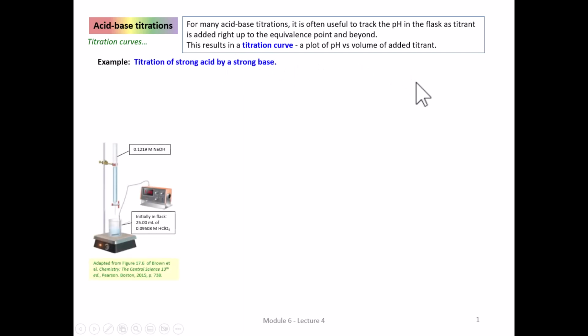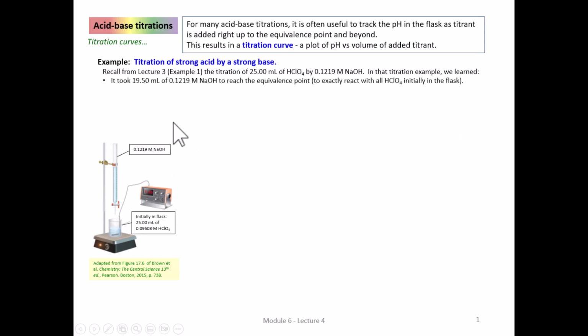In this part of the lecture, we'll look at the titration curve of the titration of a strong acid by a strong base. You'll recall from the previous lecture the titration of 25 milliliters of the strong acid perchloric acid by 0.1219 molar sodium hydroxide. We learned that it took 19.5 milliliters of this titrant to reach the equivalence point, that is, to exactly react with all the perchloric acid initially in the flask.